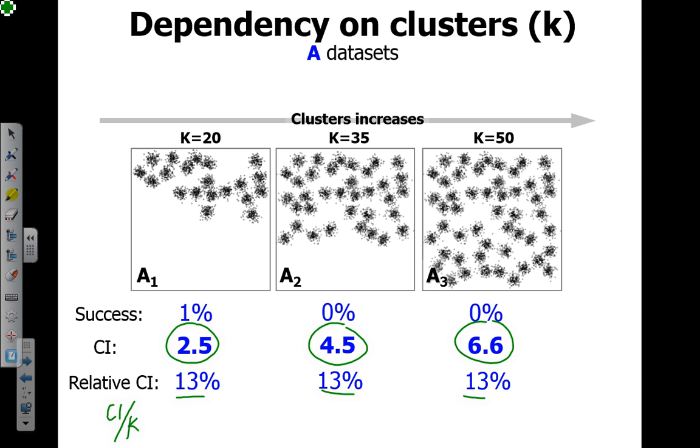The conclusion is that the more clusters, the more errors K-means makes. And this is pretty much a linear dependency. Yeah, but in any case, 20 clusters, 35 or 50, all of these are pretty much too tough. K-means cannot solve them. The success rate is almost zero. A little bit of hope with the smallest data set.